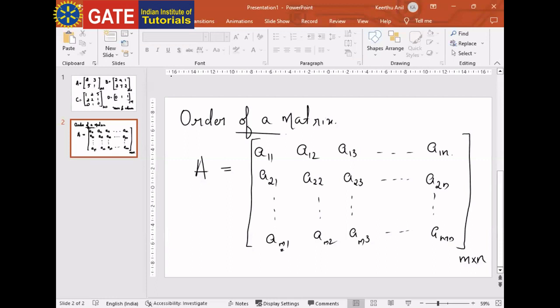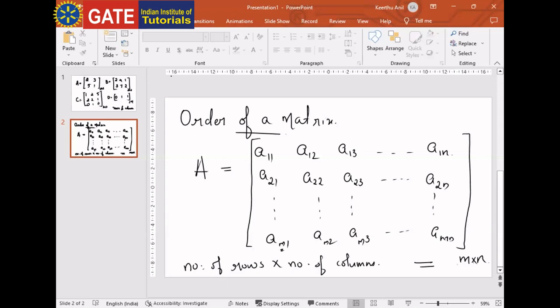Got it? Understood? So after that you can write, in this case, the order of the matrix is equal to number of rows into number of columns, which is equal to M by N. Okay.